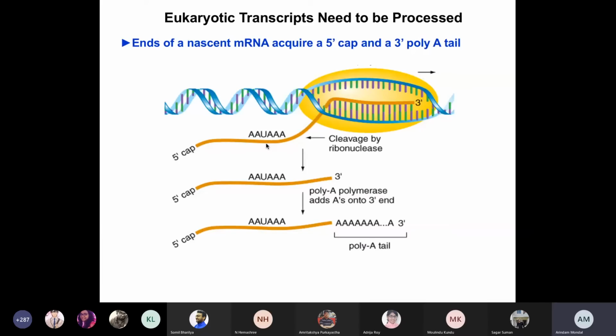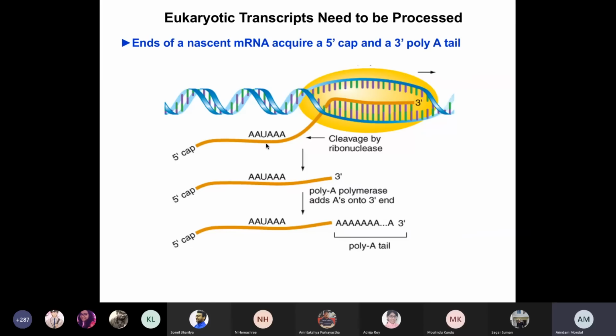Now, in case of the bacteria, the transcription leads to the production of mRNA, and that mRNA can be utilized by the translation machinery to synthesize the proteins. But in case of the eukaryotes, that mRNA needs to be processed before it can be utilized by the ribosomal machinery in order to synthesize the proteins. Why?